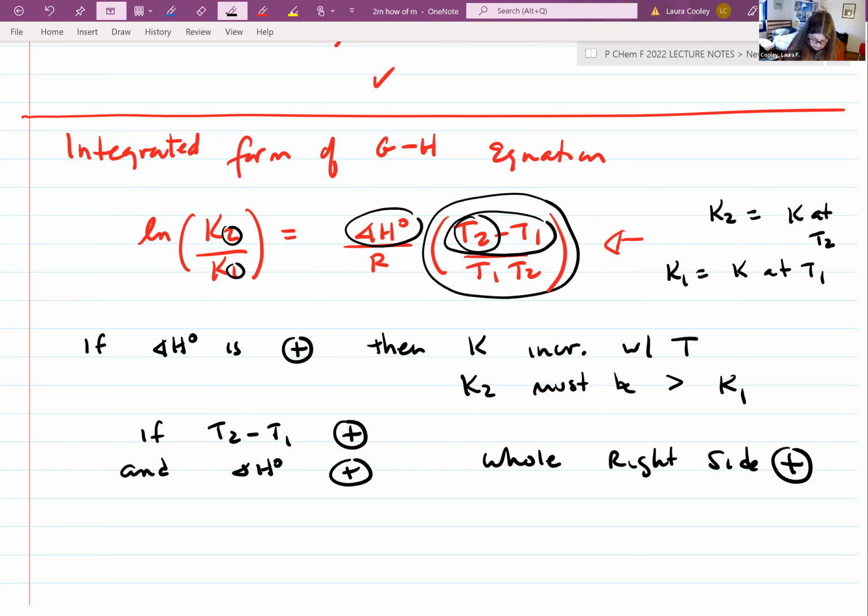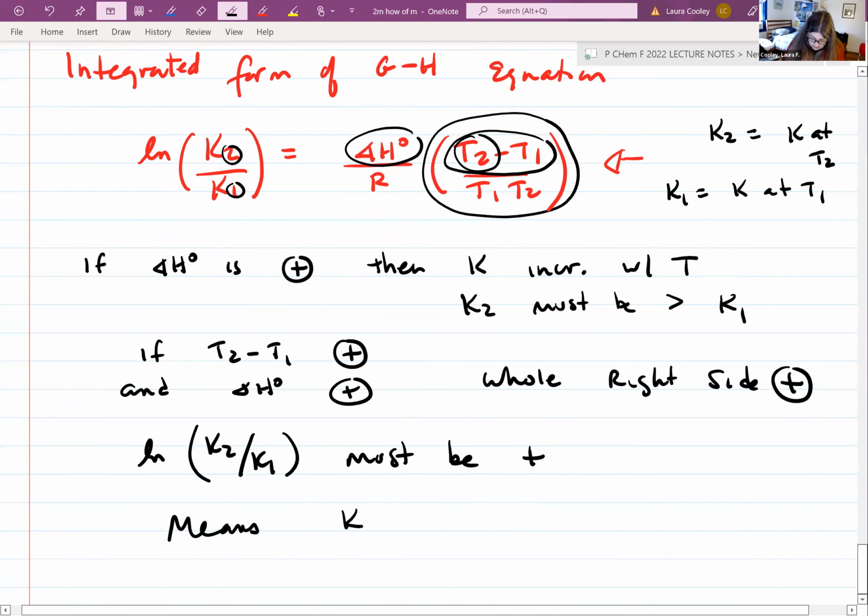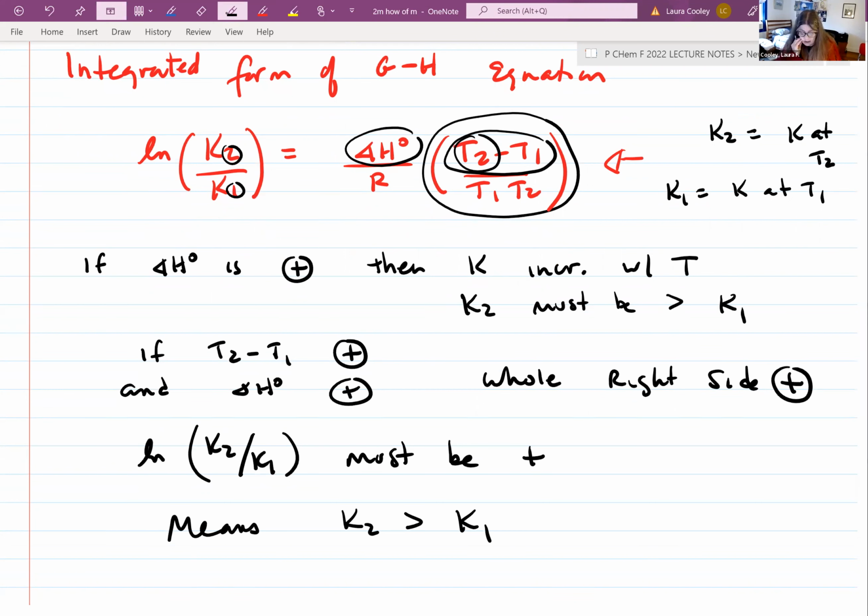That means the log of K2 over K1 must be positive, and that must mean K2 is greater than K1, because only the log of a number greater than 1 is positive. If this ratio were less than 1, then the log would be negative.